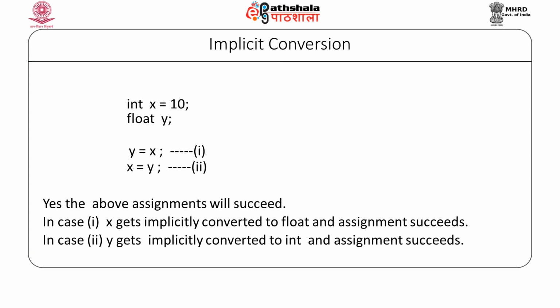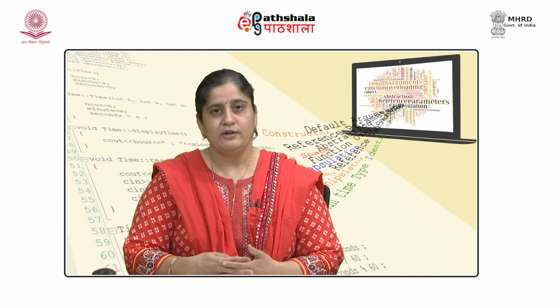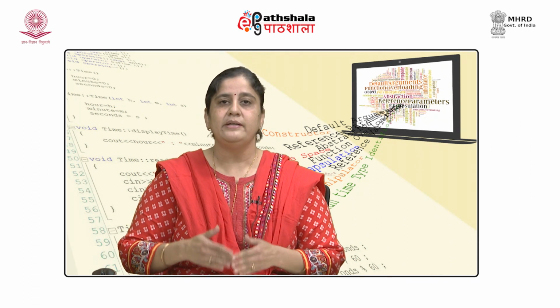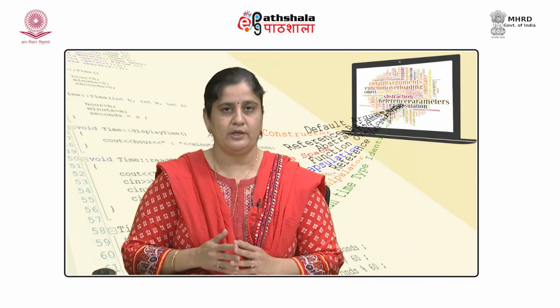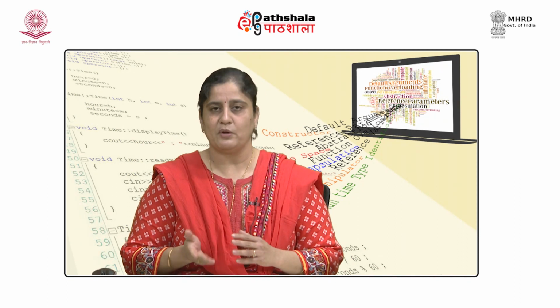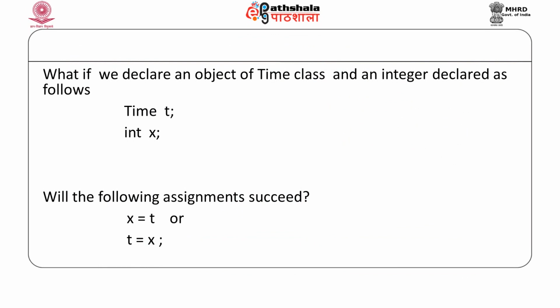Now, how to convert an integer to float or float to integer, we do not need to define it because integer and float are built in data types and the compiler knows how to convert into float or vice versa. But see, if I have two variables defined like this, t and x, where t is an object of time class and x is a variable of integer type. Can I write assignment statements like this?